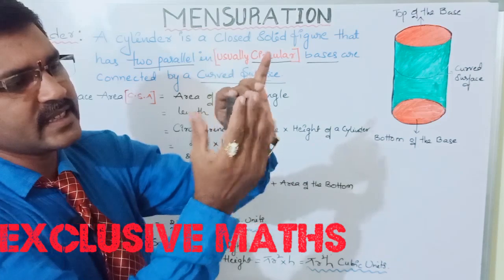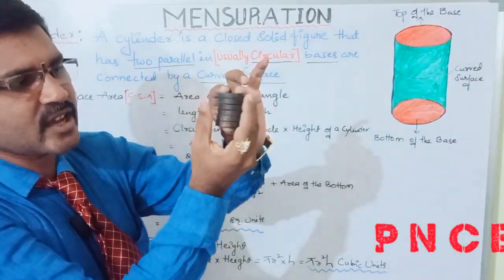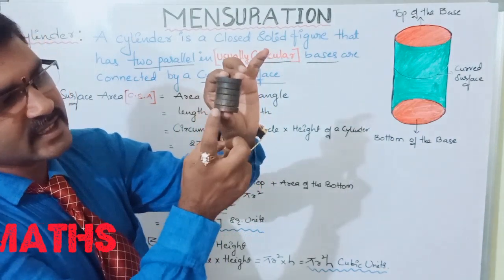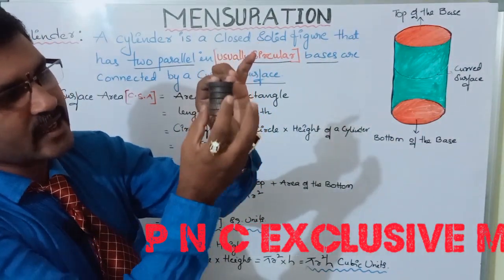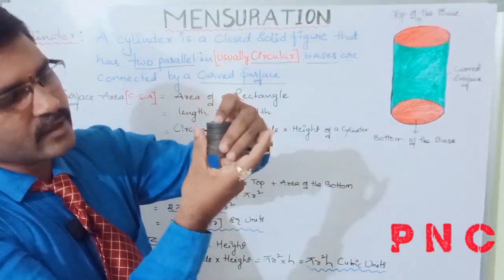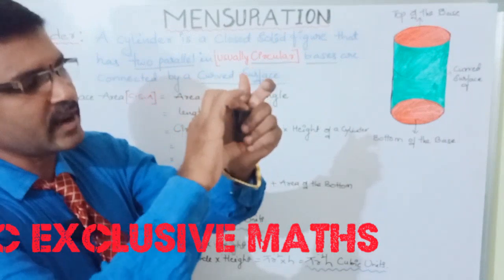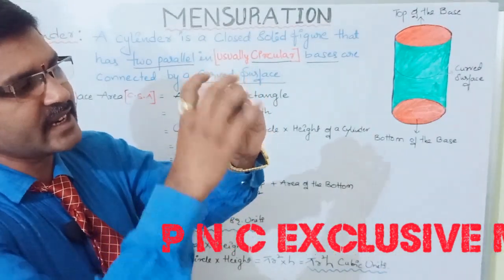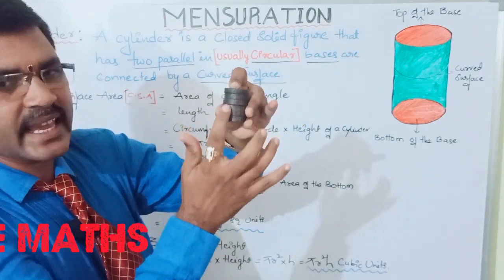Now the volume of this cylinder. The base is circular in shape. What will be the difference between one coin and this total cylinder? The height will be increased.